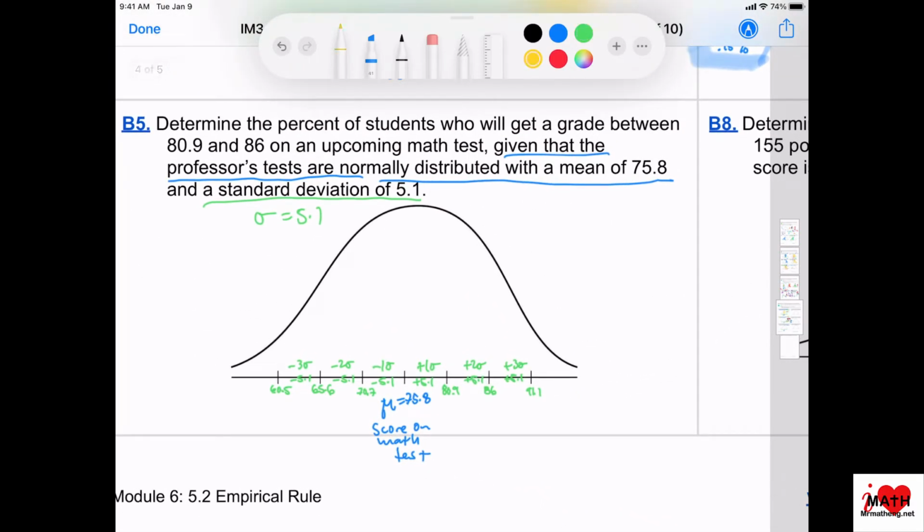Okay, let's go ahead and locate this one, 80.9 and 86. Okay, so I want to know between, so I want to know this region in yellow. In this problem, we're going to have to use 2 numbers.